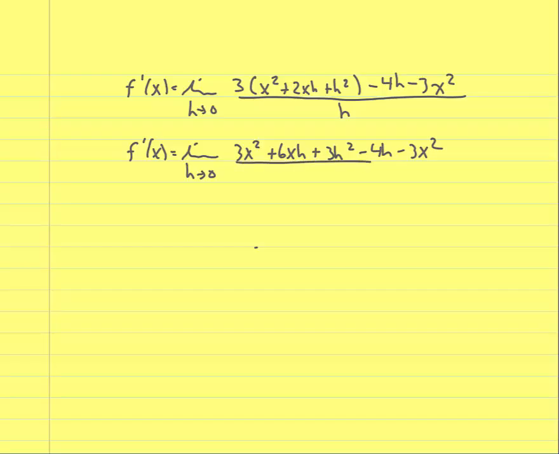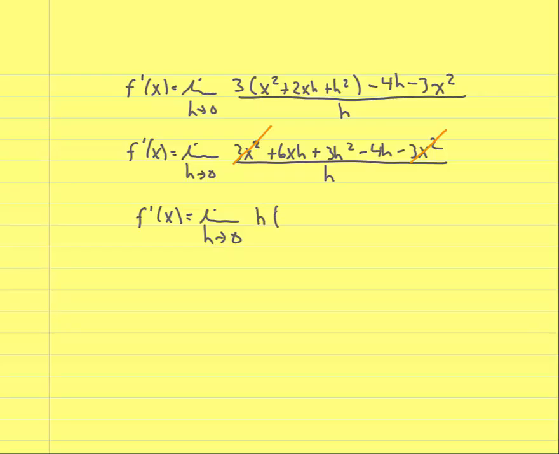So this is working out well, because remember we wanted everything to cancel except what had an h in it, and the 3x squared and the negative 3x squared do cancel. And I'm left with f prime of x equals the limit as h approaches 0. And if you'll notice here, I have an h in each term, so I'm going to go ahead and factor out that h.